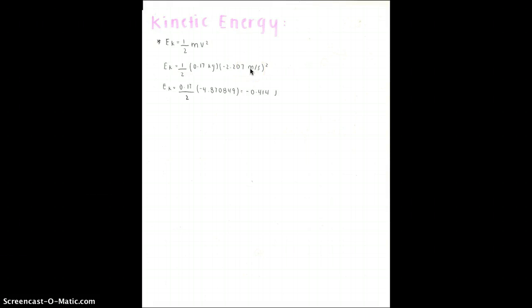Feet per second, that's the units for our velocity, not meters per second. Sorry. So we have down here 0.17 divided by 2 times negative 4.870849, which gives us our answer of negative 0.414 joules of kinetic energy.